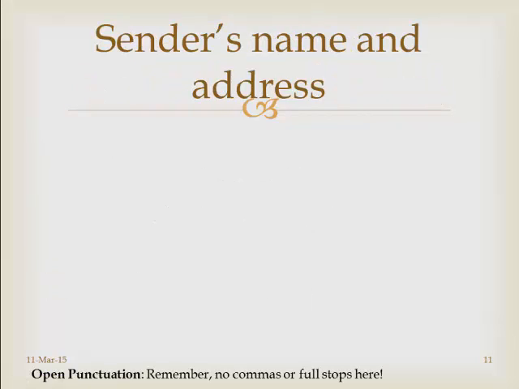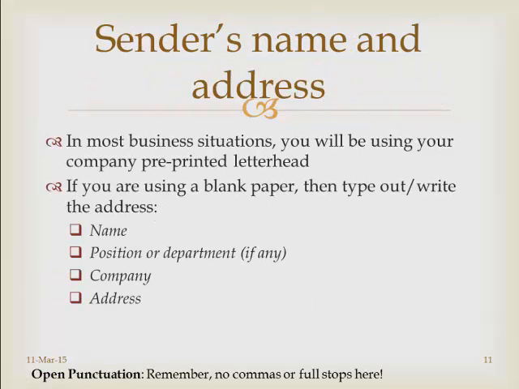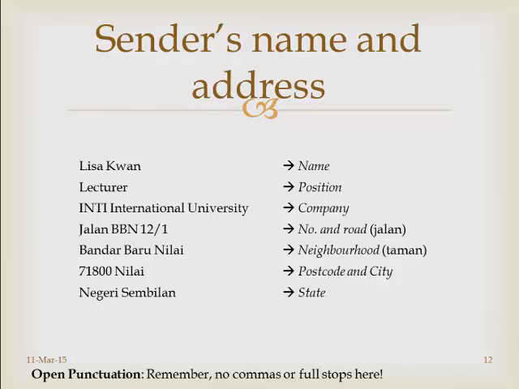Now, the sender's name and address, what is it actually? In most business situations, you have your company's pre-printed letterhead, like I mentioned earlier, but when you write for tests or tasks, you're writing on blank paper, so you need to write out the address in this particular order: your name, position, the company, and the address. Here's an example.